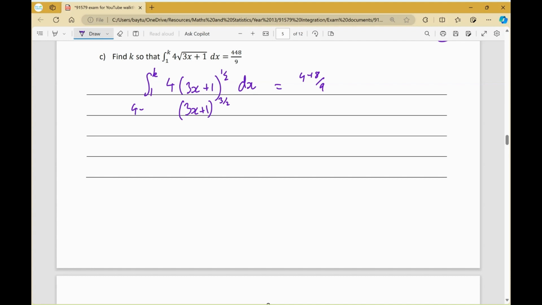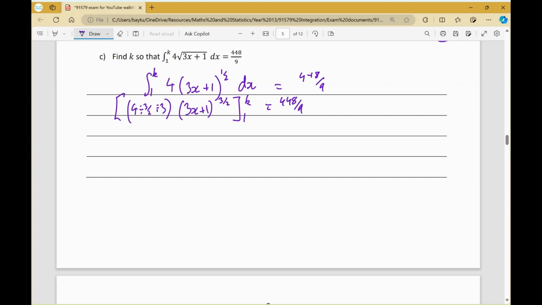So we're going to have 4 divided by the new power of 3 over 2 and then divided by 3. So I'll just write all that as division just to make it clear what's happening there. And then all of that is between 1 and k equals 448 over 9.